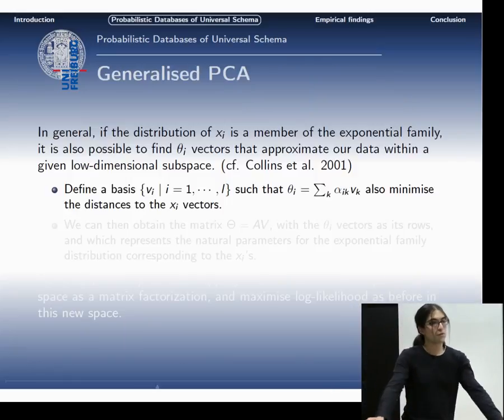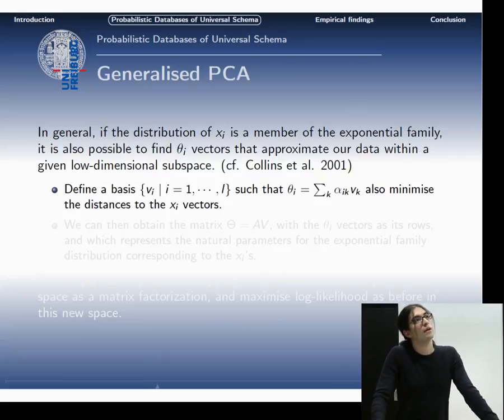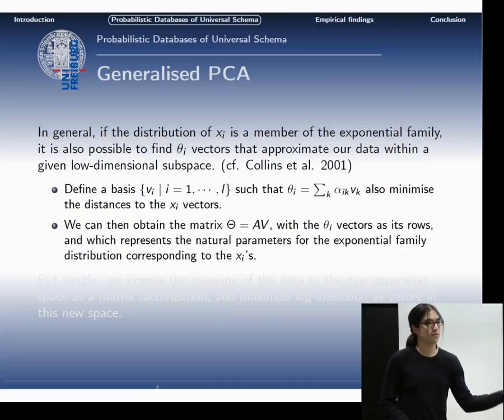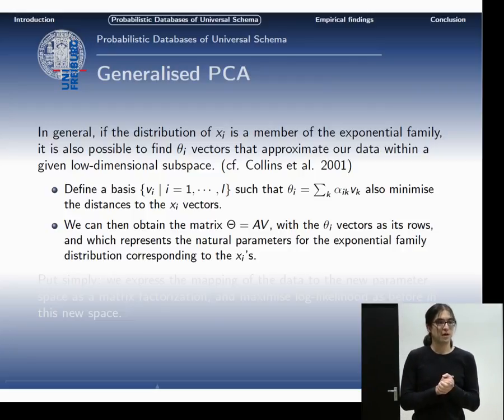For example, the matrix we have constructed has only entries that are 0 or 1, so it cannot possibly come from any normal distribution. Then there is also a more general form of this technique, which can accommodate any distributions which are members of the exponential family of distributions, which, as the name implies, are a group of distributions which have an exponential somewhere and a vector of parameters, which are in this case called theta.